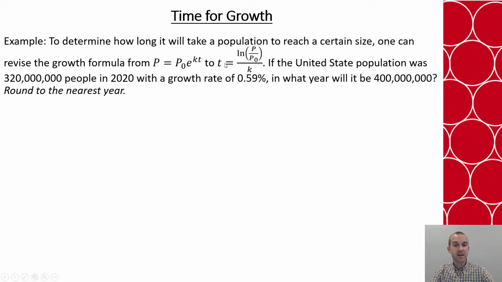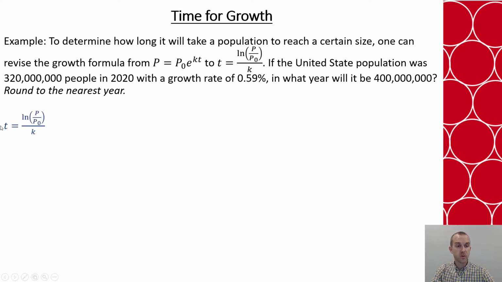I could rewrite that as t equals the natural log of P divided by the original population, divided by k. So if the US population was 320 million people in 2020, with a growth rate, that's our k value, of 0.59%, in what year will it be 400 million people, rounding to the nearest year?